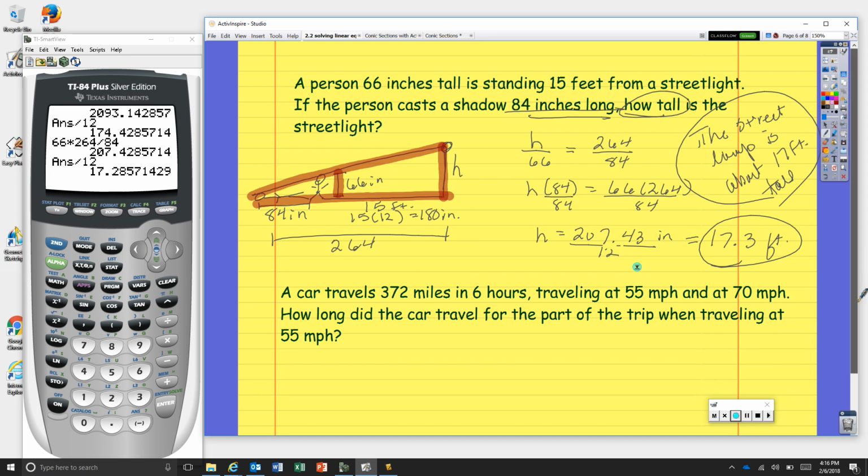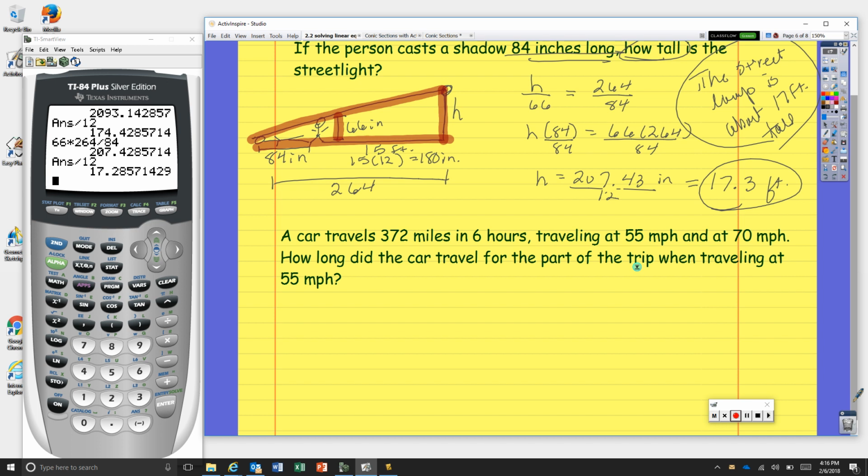Okay, let's try another one. A car travels 372 miles in 6 hours, traveling at 55 miles per hour and at 70 miles per hour. How long did the car travel for the part of the trip when traveling at 55 miles per hour?